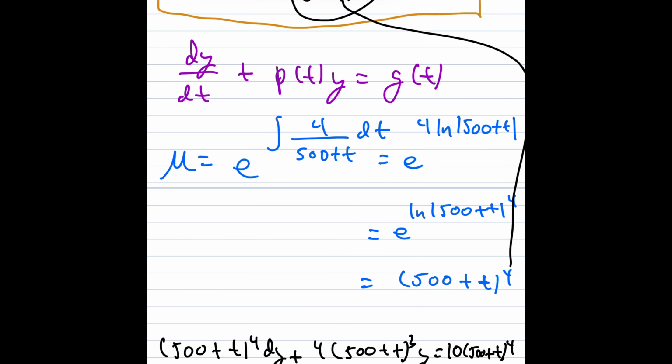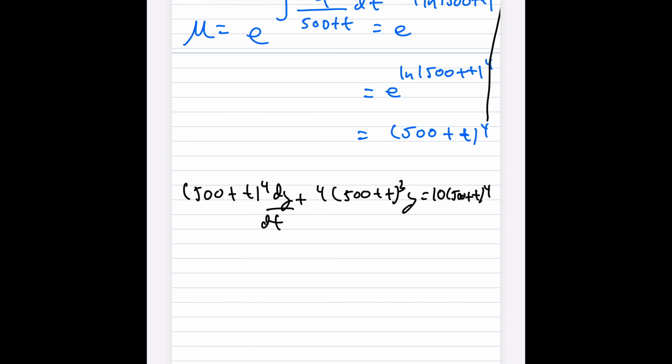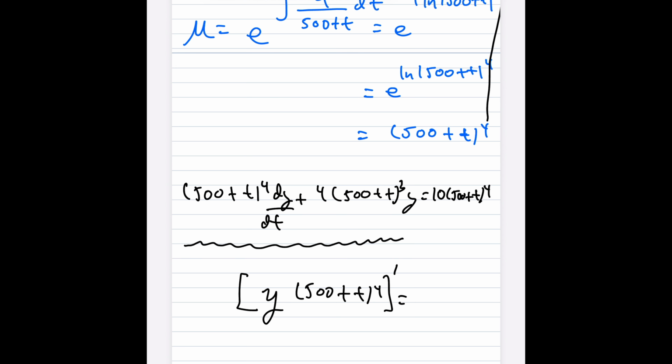So we have our mu multiplied, and the left-hand side is always equal to the derivative of the product of y times mu. So that whole left side turned into y times (500 plus t) to the 4th, prime, the derivative, equals 10 times (500 plus t) to the 4th power.